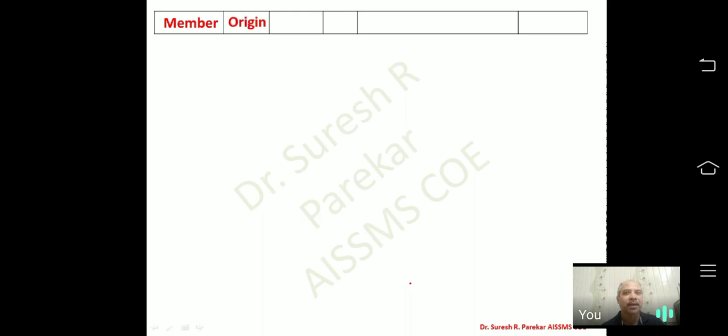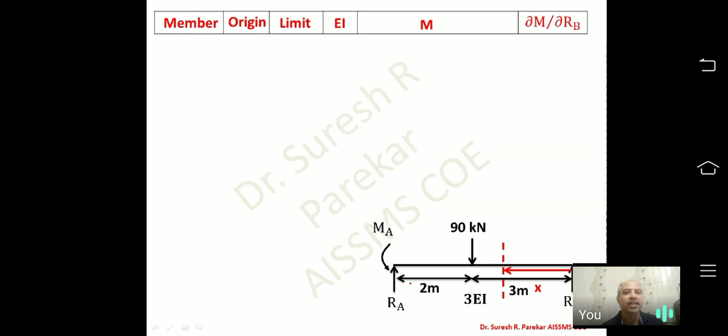Now we will go to the table. You can see member, origin, limit, EI, M, ∂M/∂RB. In the first problem we had only one row, because we had only one span with UDL, so the moment equation did not change.